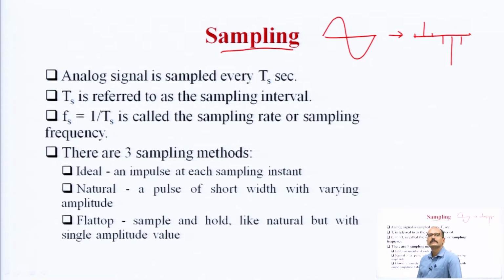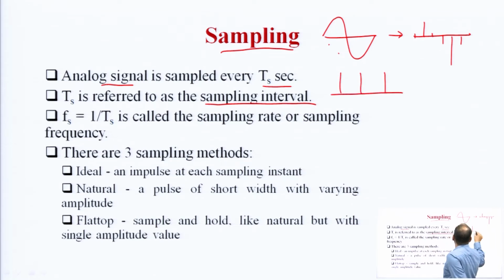Here you take an analog signal and sample it after every Ts seconds. That Ts is referred to as the sampling interval. So the sampling frequency is Fs = 1/Ts. You have this analog signal and a unit impulse train, which is multiplied with it directly, and we get this sampled output.